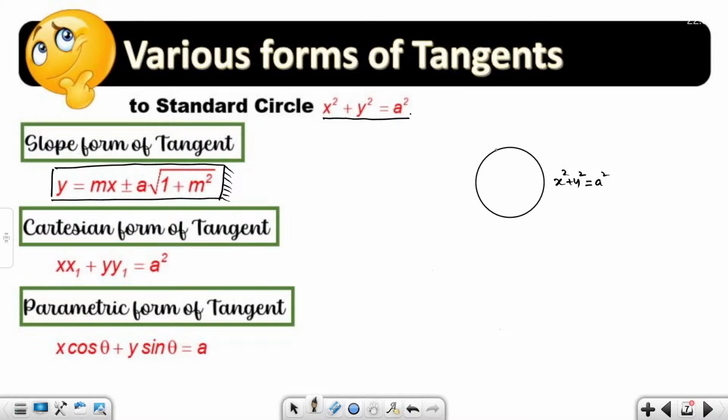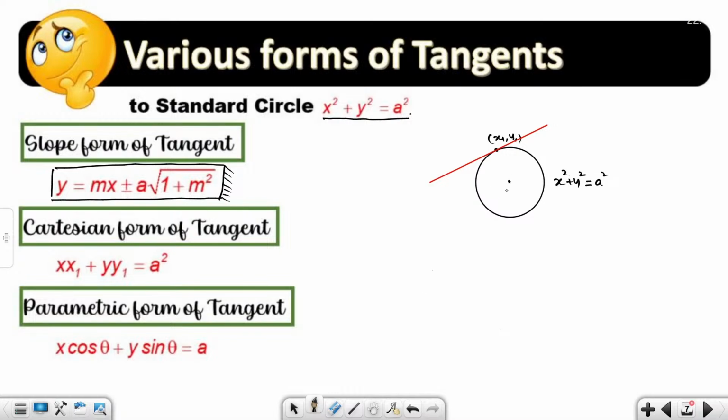And we have a point x1, y1 on the circle. Be very careful, here x1, y1 is on the circle. And I want to find out the equation of the tangent at this point. That's the question.